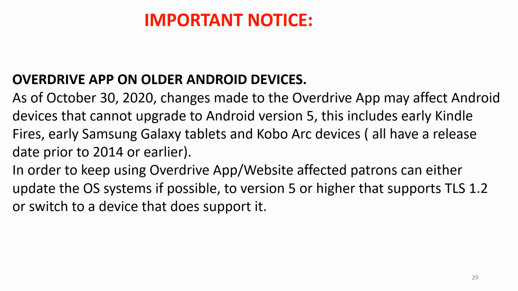In order to keep using the Overdrive app or website, affected patrons can either update the system if possible to version 5 or higher that supports TLS 1.2, or switch to a device that does support it.